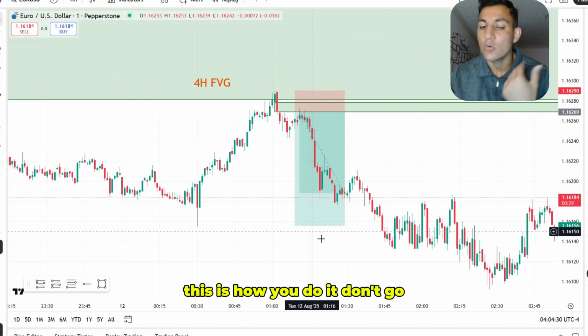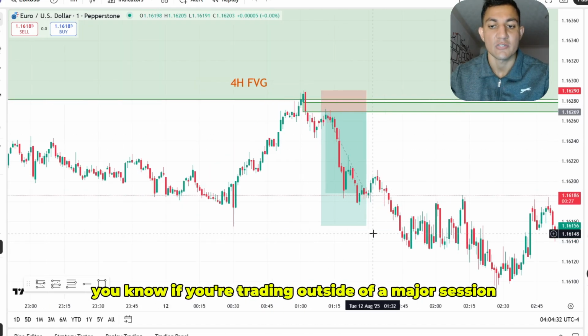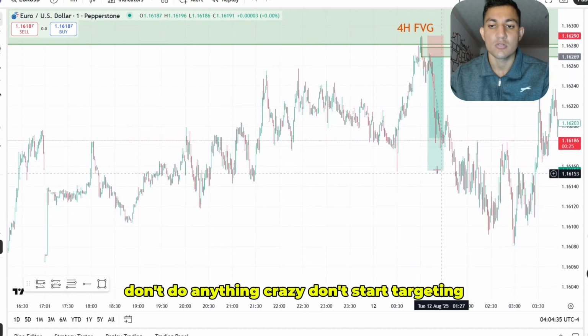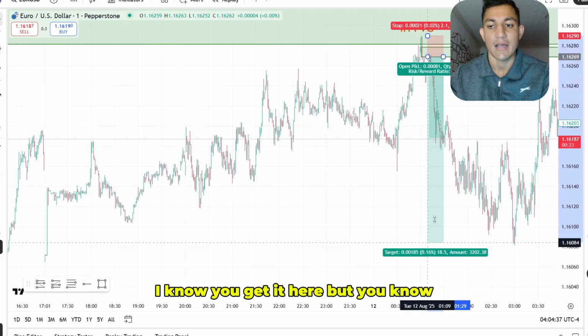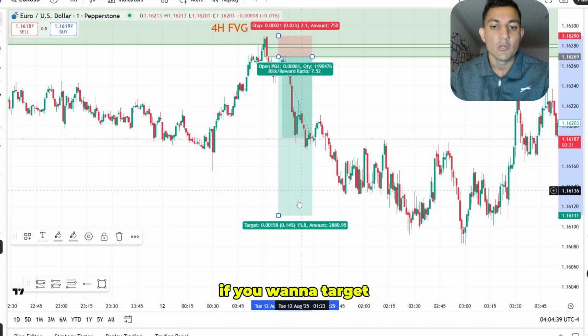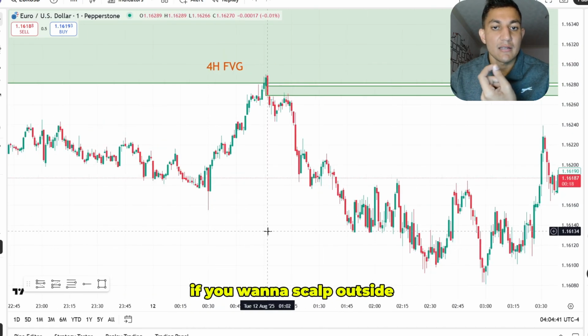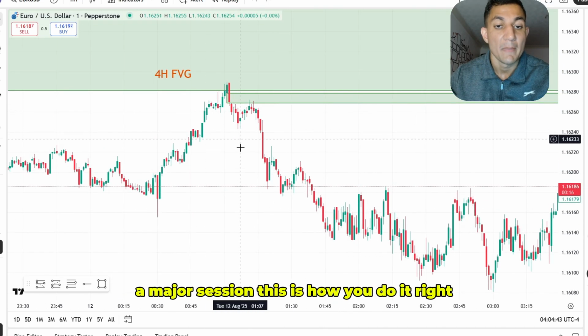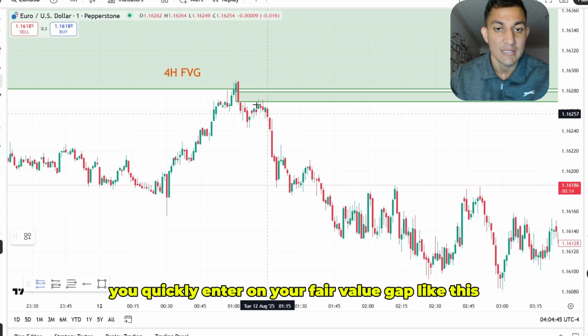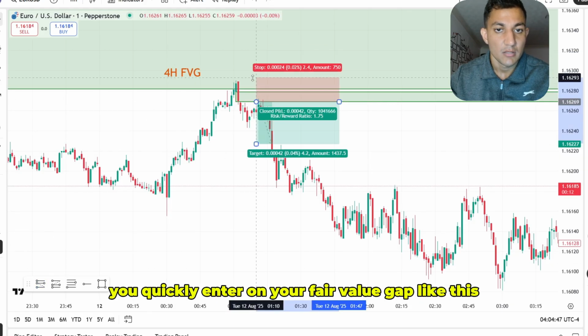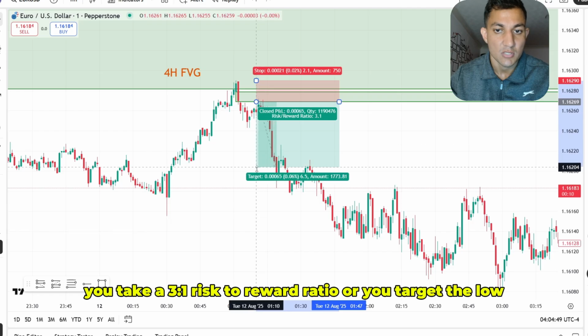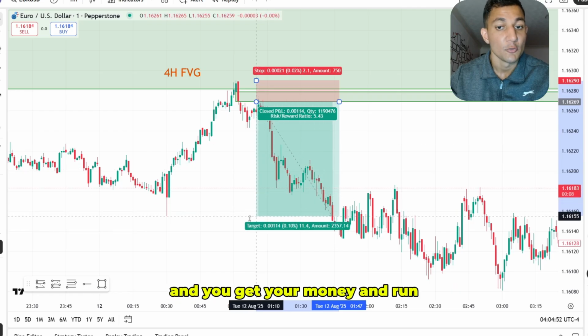If you're trading outside of a major session, don't do anything crazy. Don't start targeting previous day's low or whatever. If you want to scalp or day trade outside of a major session, this is how you do it. You quickly enter on your fair value gap like this. You take a free risk to reward ratio, or you target the low and you get your money and run.